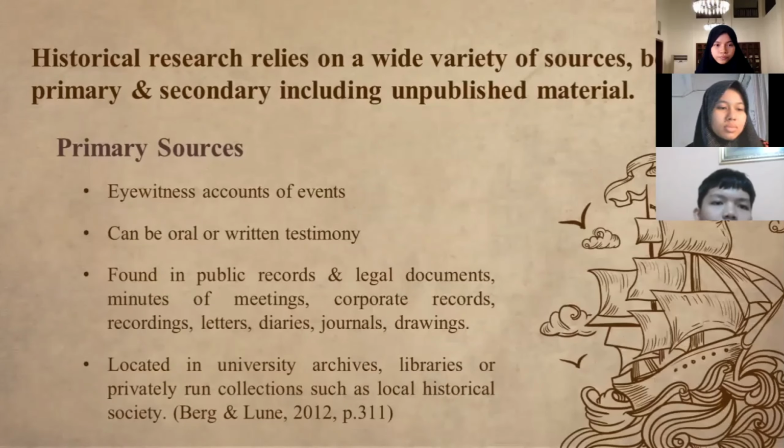Historical research relies on a wide variety of sources, both primary and secondary, including unpublished material. For the first, primary sources. There are 4 points. First, eyewitness accounts of the event.